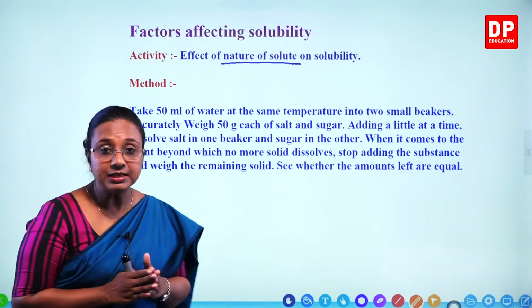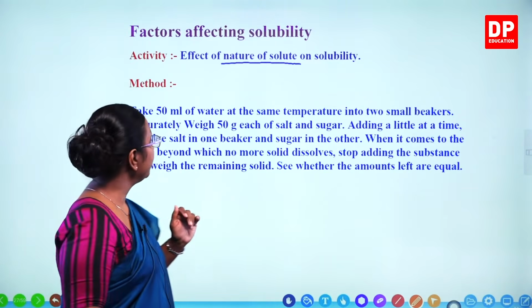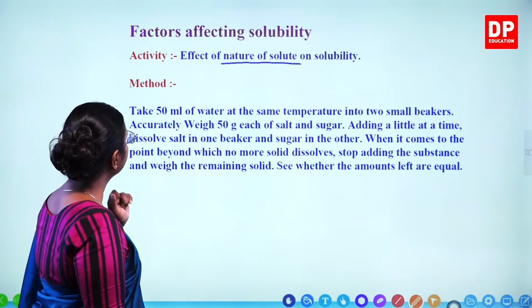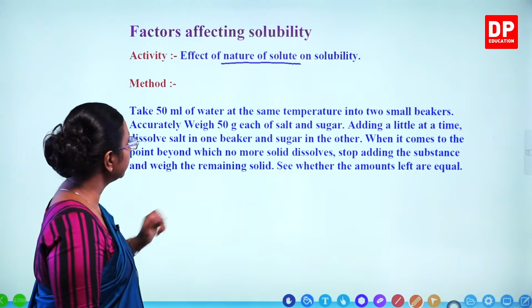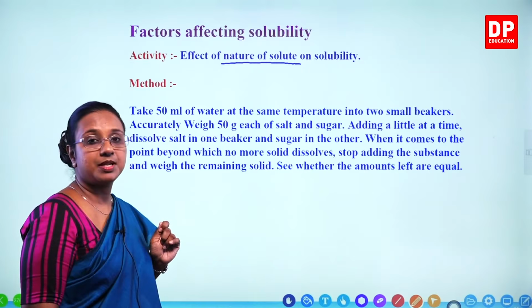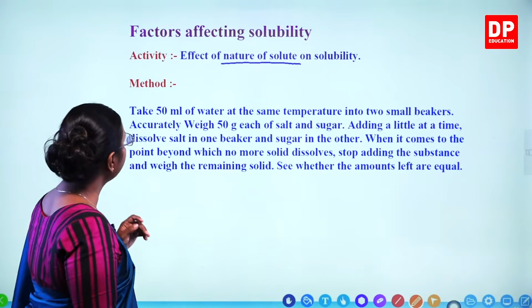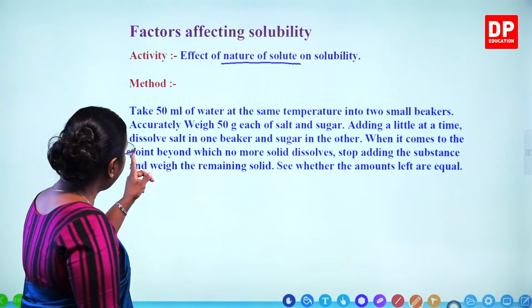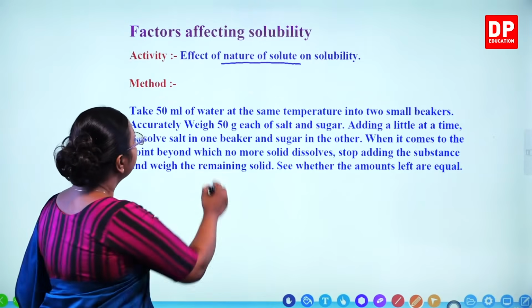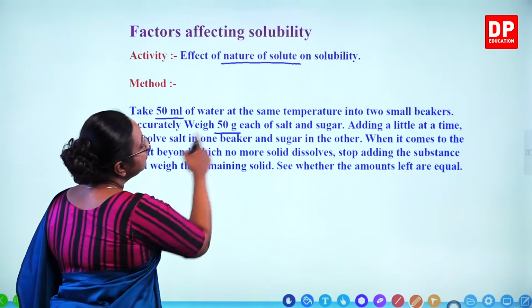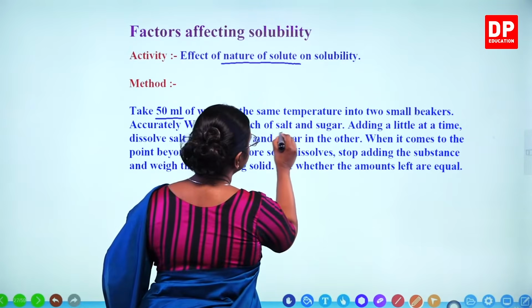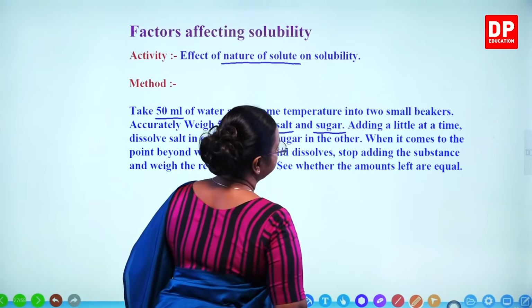Here is another activity. We'll look at the method. Take 50 milliliters of water at the same temperature into 2 small beakers. Accurately weigh 50 grams of each, salt and sugar.